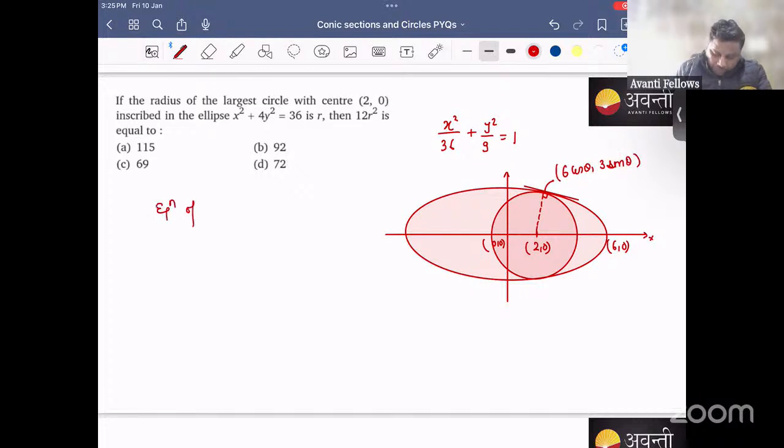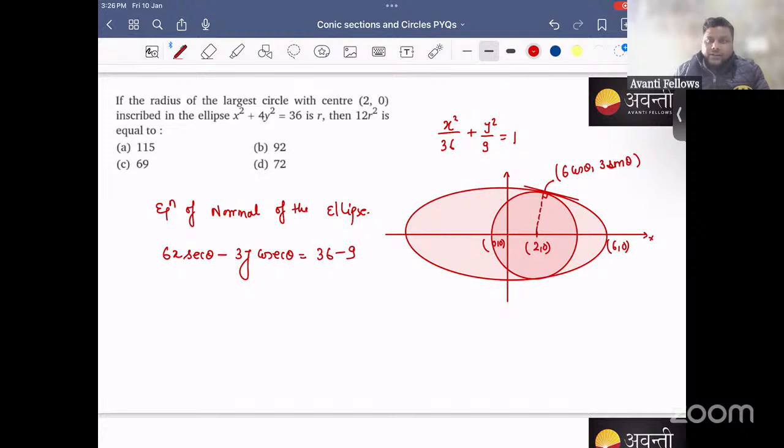So the equation of the normal of the ellipse is ax sec θ − by cosec θ = a² − b². That will be 6x sec θ − 3y cosec θ = 36 − 9.